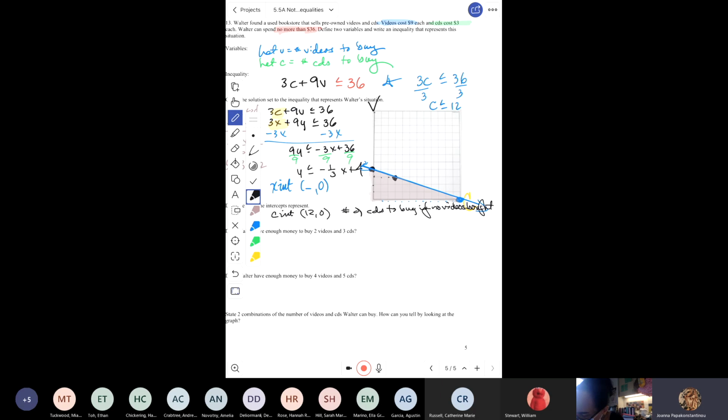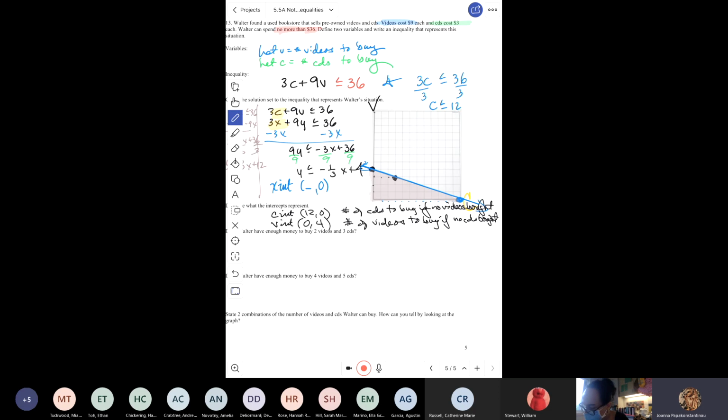And what does the V-intercept represent? The number of videos to buy if no CDs are bought. Remember, that's kind of like that height and shoe size problem: if you had a 0 shoe size, remember that? And then if it made sense.